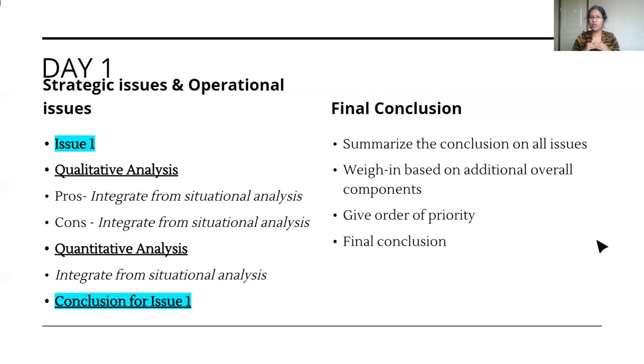And then give the order of priority and weigh in on what is more important among these four, because you can't say everything is important. The importance could be in terms of the nature of the project, the size of the project, the financial investment required in that project, or more stress on your goals. Like you have an IPO next year, you have to attain 20% growth in revenue by next year.